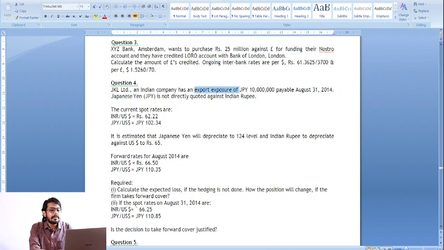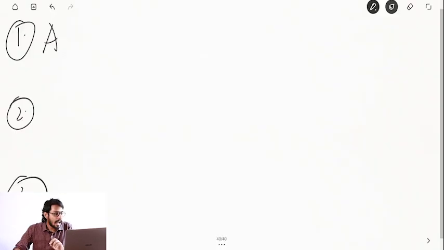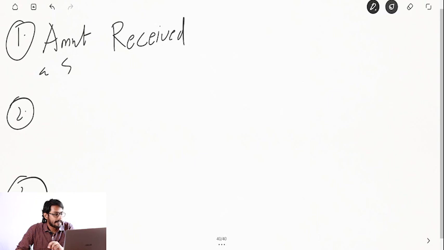So you have to understand payable is for the Japanese company, payable by the Japanese company on 31st August. For you it's a receipt. Amount receivable at spot rate.